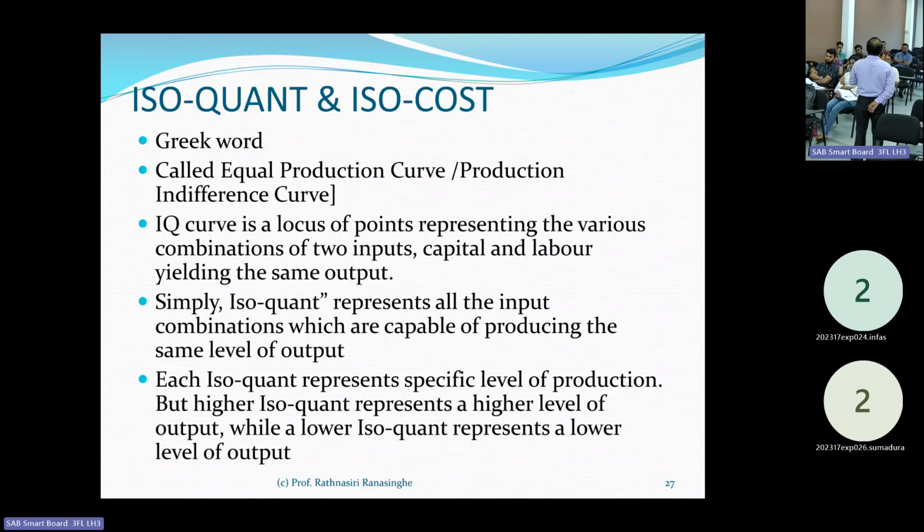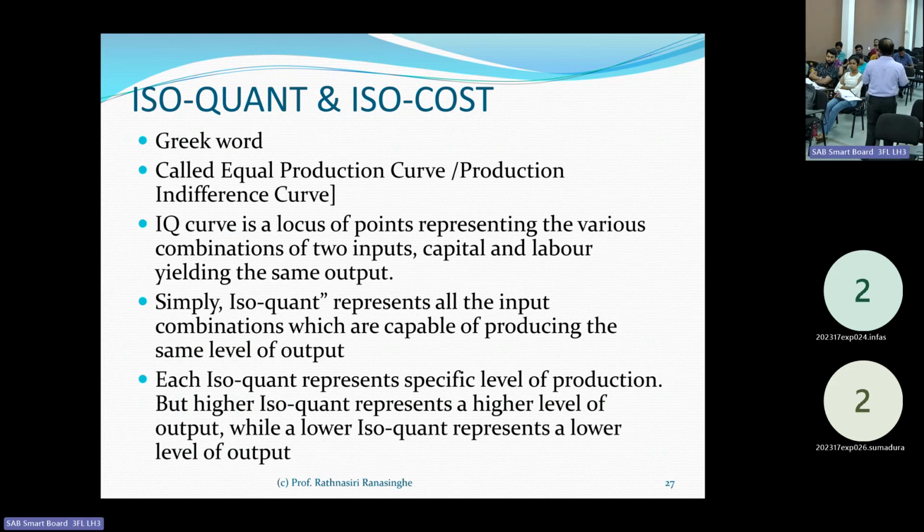But in economics, what we mostly talk about is economic efficiency: how we use resources in an optimal manner, efficient allocation of resources. So we need to minimize the cost also when we are reaching the output level.